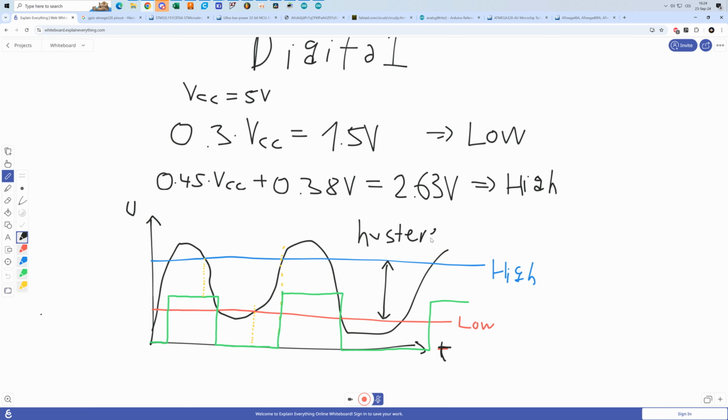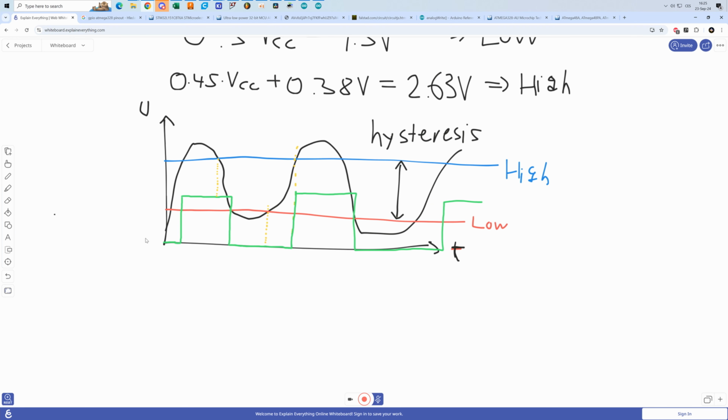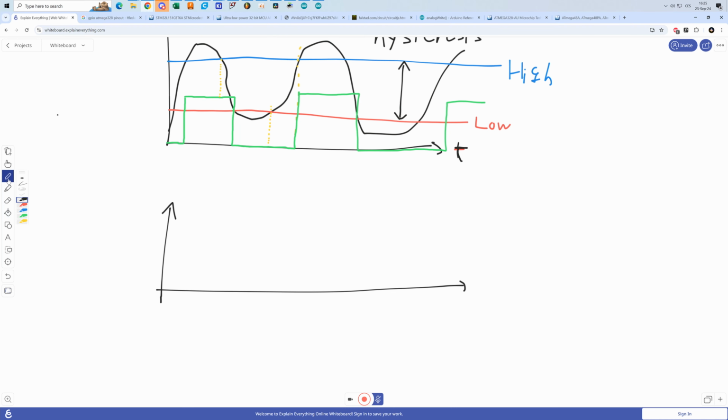The hysteresis. And it sort of acts as an immunity to EMI. I've already said that the digital pins are not so sensitive to EMI, but consider that if we plot this again, consider that we have a voltage that changes from logic 0 to logic high.